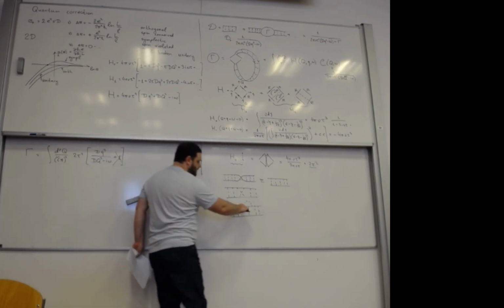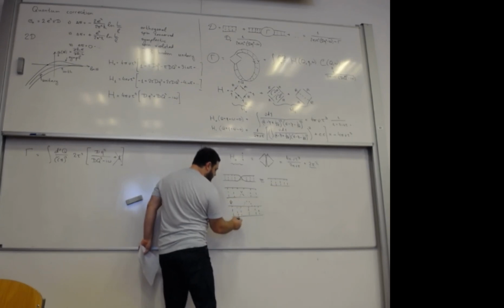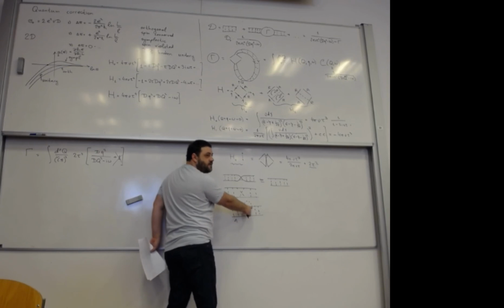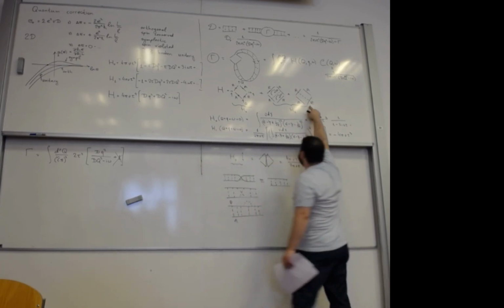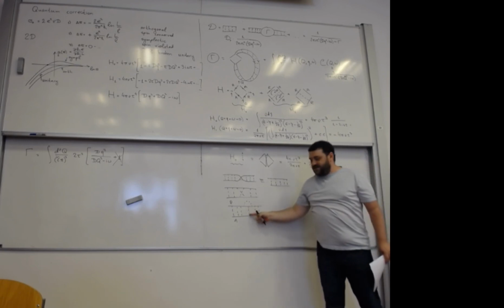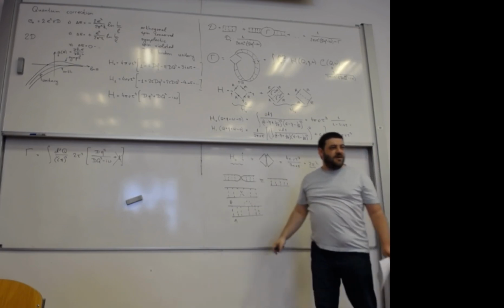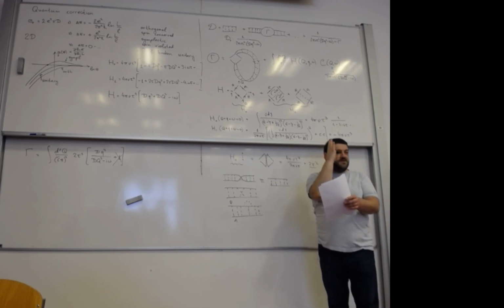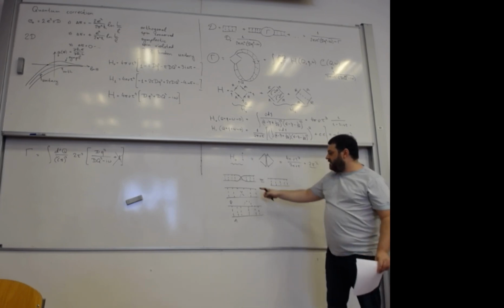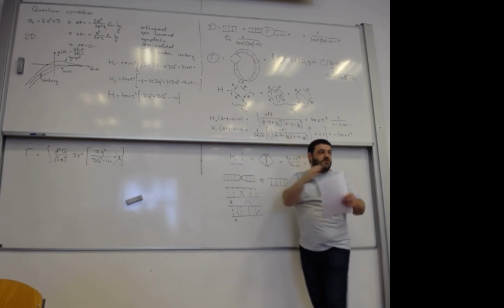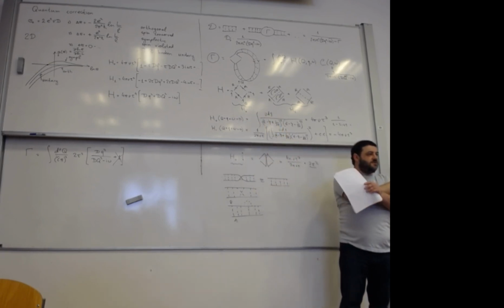So this is retarded, this is advanced. This line on top connects to retarded functions. So for this diagram of H1, the Cooperon starts with a single impurity, and for the empty H0, the Cooperon should start with 2 impurities. Should not start with 1.